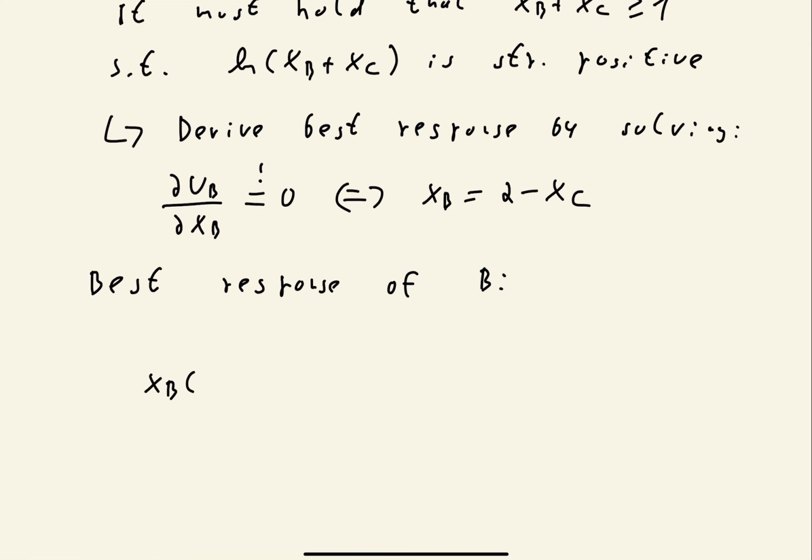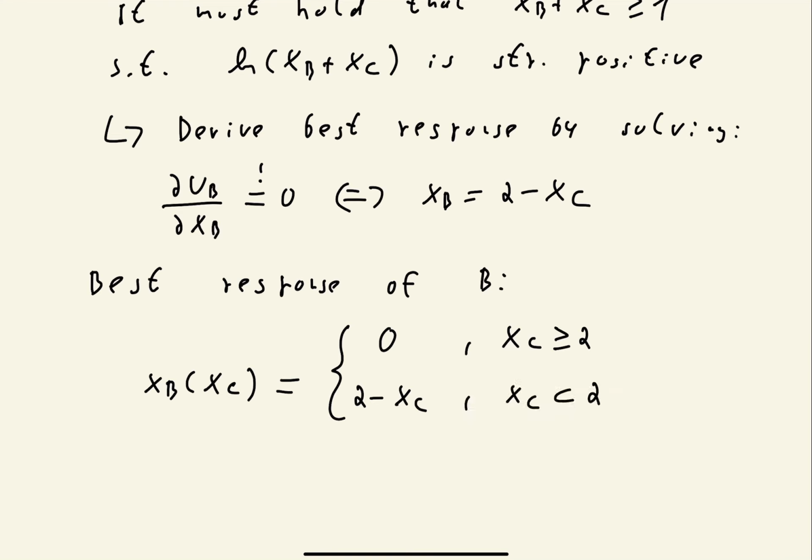So the best response of individual B will only depend on the amount that C is choosing, and it will be equal to 0 if xc is weakly larger than 2, and it will be 2 minus xc if xc is strictly smaller than 2. And this is the best response of individual B. Now, next, we have to consider individual C.